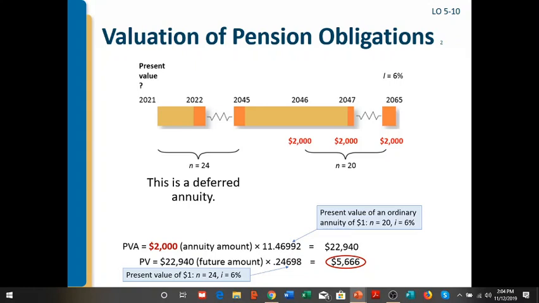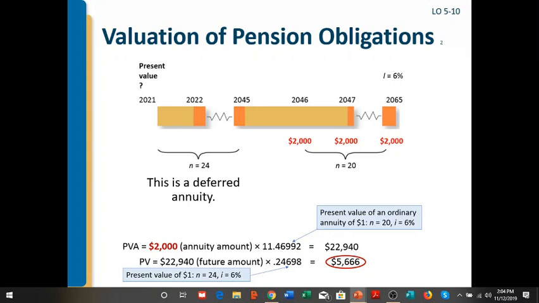So you multiply 2,000 times that number and come up with a present value of 22,940, and then you're going to take that 22,940. So that's going to be a present value of 1. So you're going to go to your present value of 1 table to figure out how much you're going to pay.